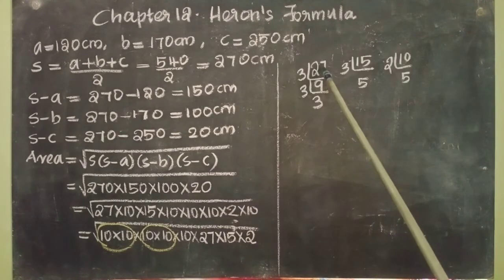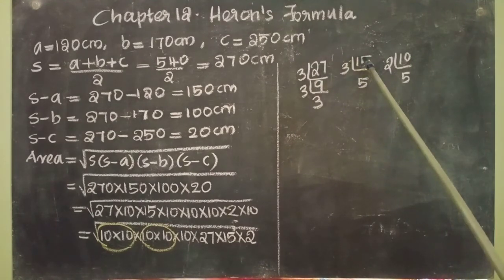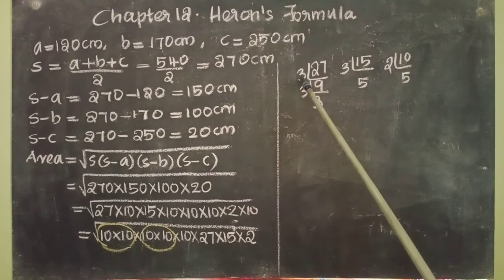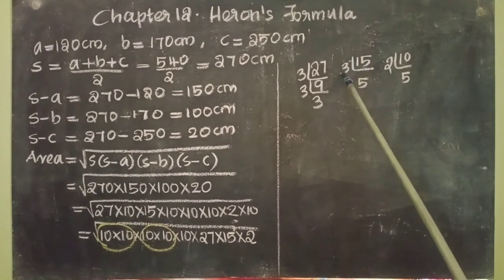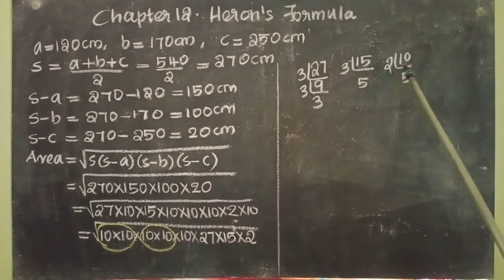So here you can see the prime factorization of 27, 15 and 10. 27 divided by 3, 9 divided by 3, 3. 15 divided by 3, 5. 10 divided by 2, 5.